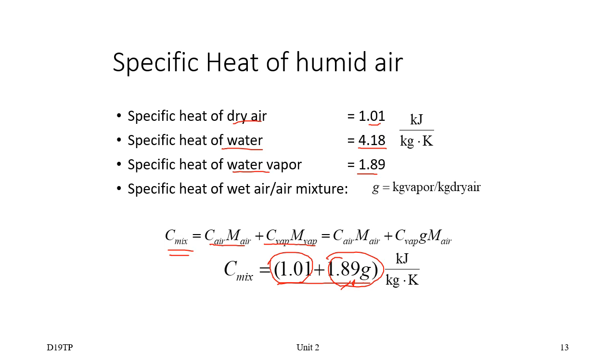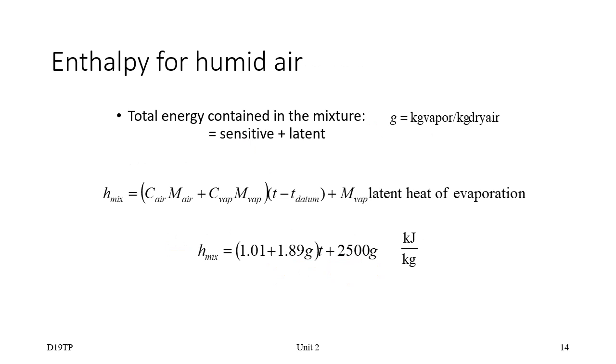What contributes most is latent heat. So this will be latent heat. Remember the G, what we did in the schematic chart, is 0.009, very small, but multiplied by 2,500, that becomes significant. So latent heat is a big, significant contribution from the moisture, and the sensible contribution of the moisture is minimal.